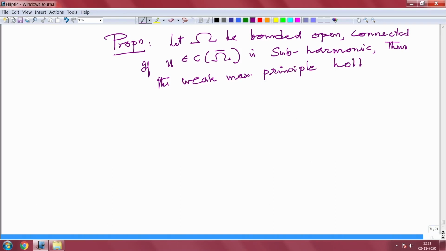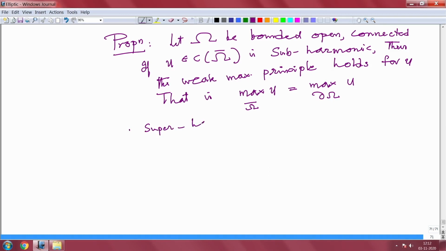That is, the maximum exists because u is continuous up to the boundary, and is attained at the boundary d omega. And similarly for superharmonic, the minimum principle. Keep this in mind again and again, that this is for a continuous function that I am doing, the minimum principle.